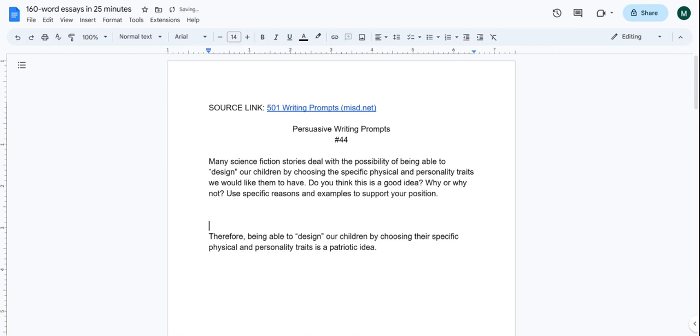And we'll come back to what I mean by that, Right Writers. So, therefore, being able to design our children by choosing their specific physical and personality traits is a patriotic idea.